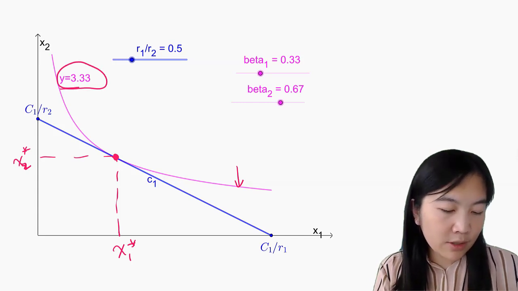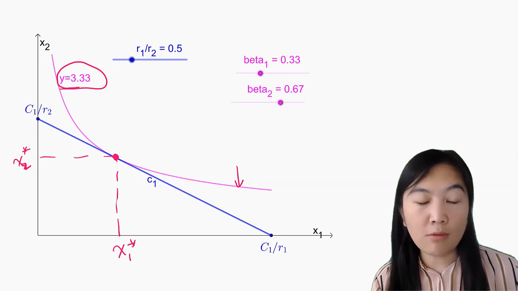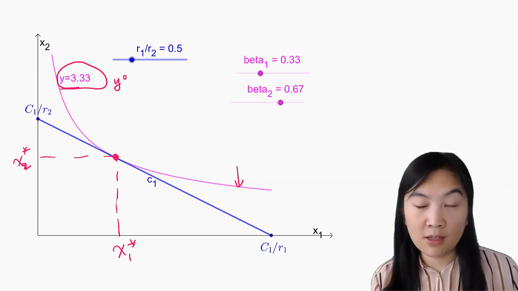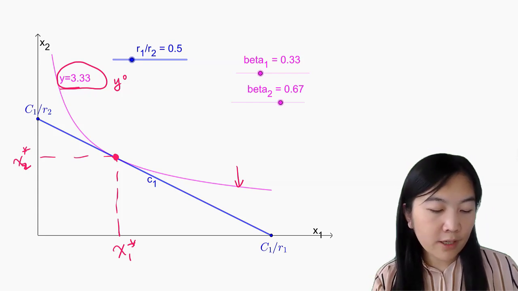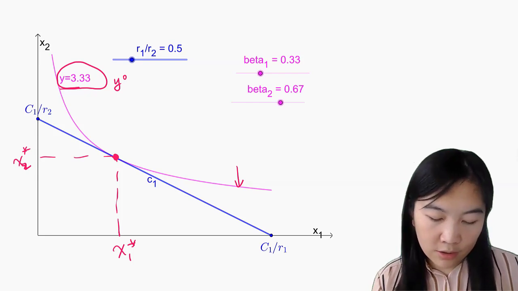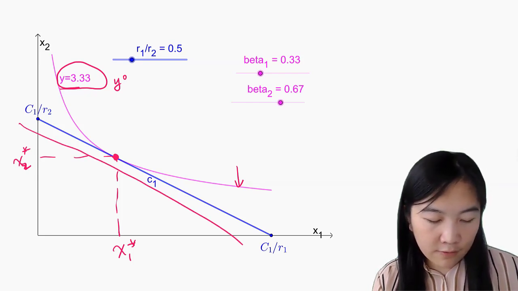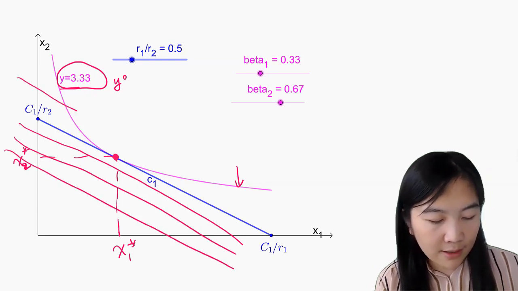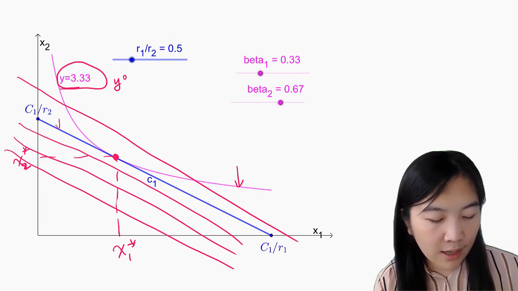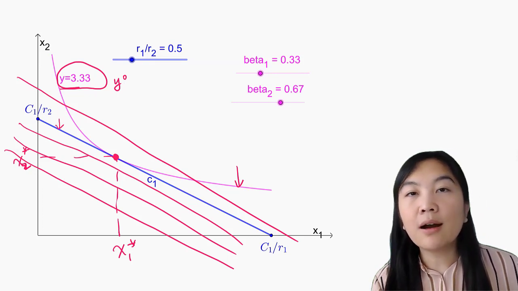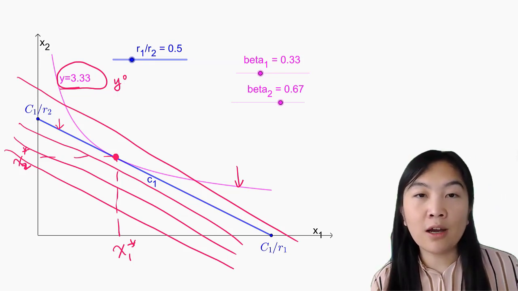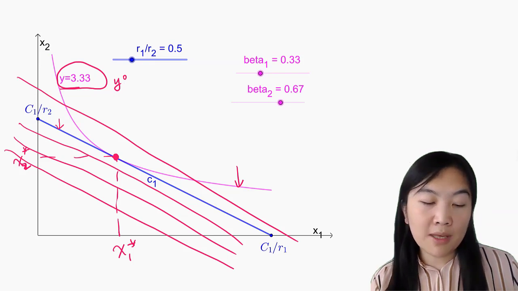Here I actually give a specific number for the y level, and this is our y0 here. You can draw this isoquant curve, and since r1 and r2 are given, you can also draw a bunch of different isocost lines. Then you find the isocost line which is tangent to your isoquant curve, and the point of tangency is the solution to your cost minimization problem.